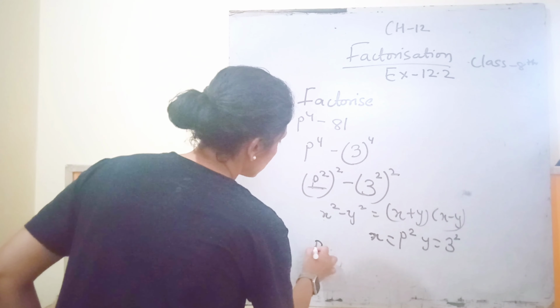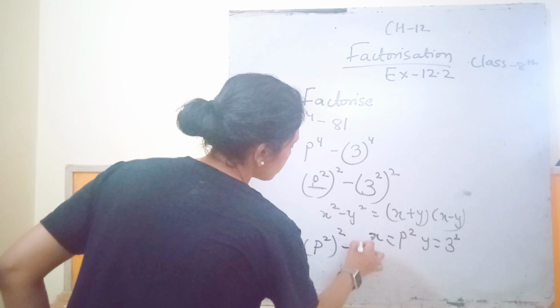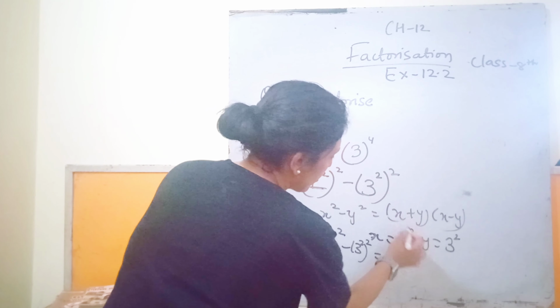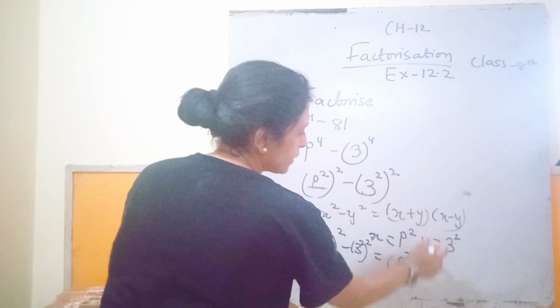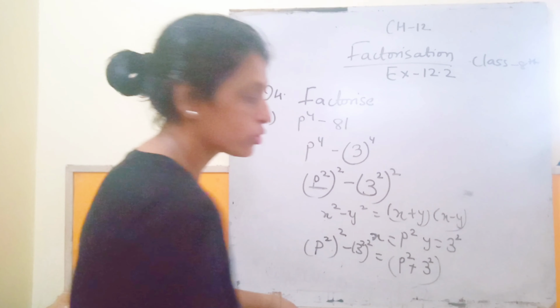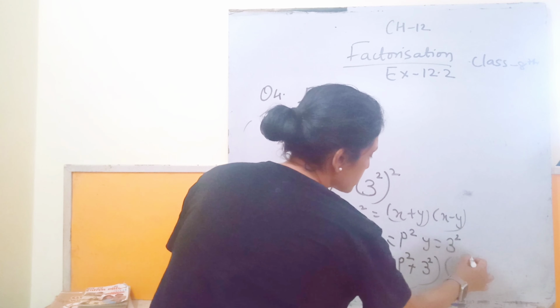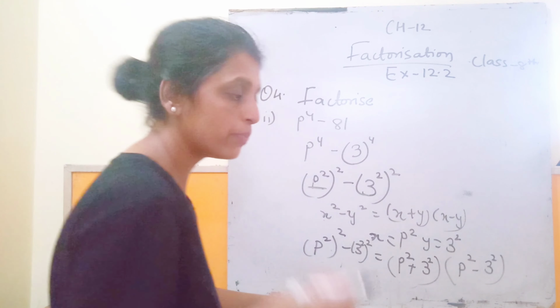Now using this identity in this expression, you will get the factorization as x, that is p square, plus y, that is 3 square, 3 square means 9 also you can write, and then x minus y, it means p square minus 3 square.